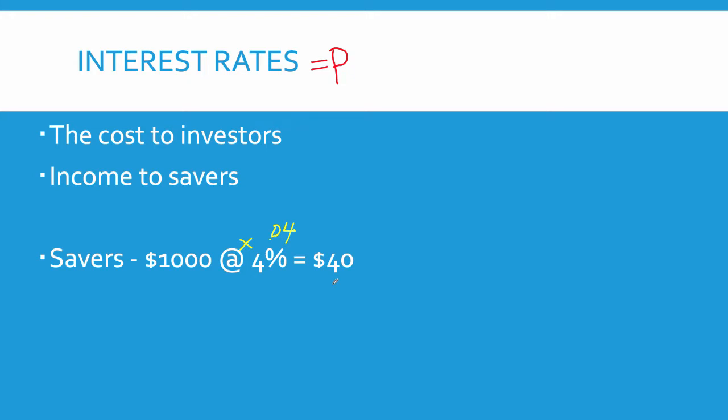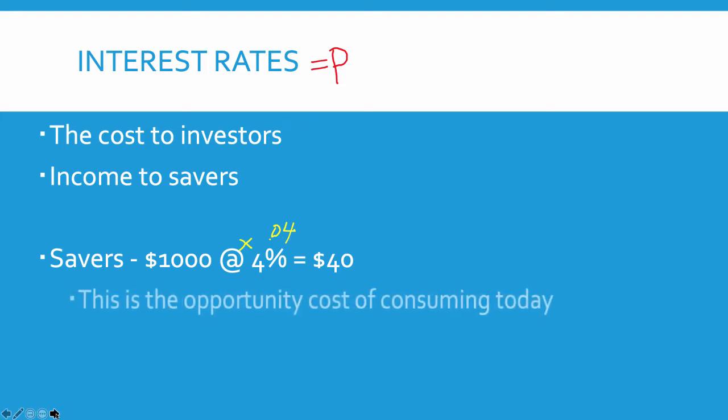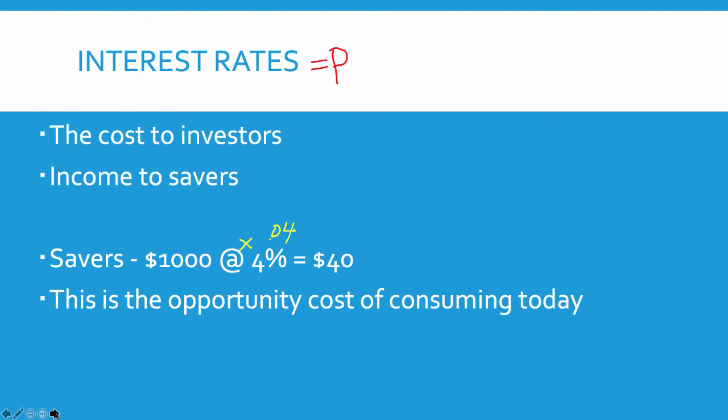But the investor has to pay an interest rate as well. And so for the investor, that becomes a cost. But for the saver, we can think about the interest rate as the opportunity cost of consuming today.